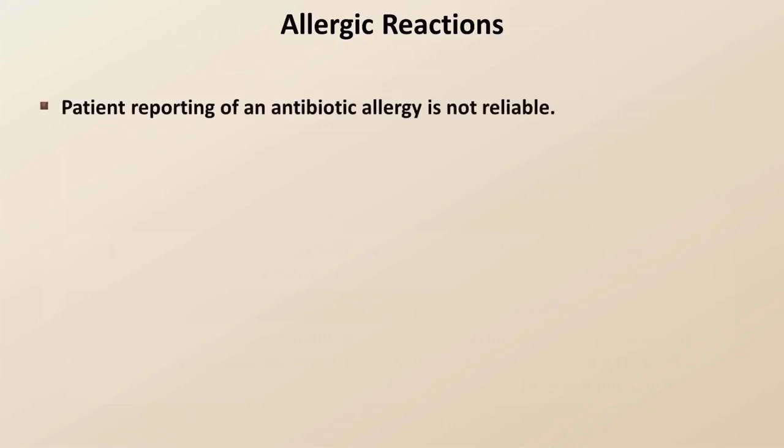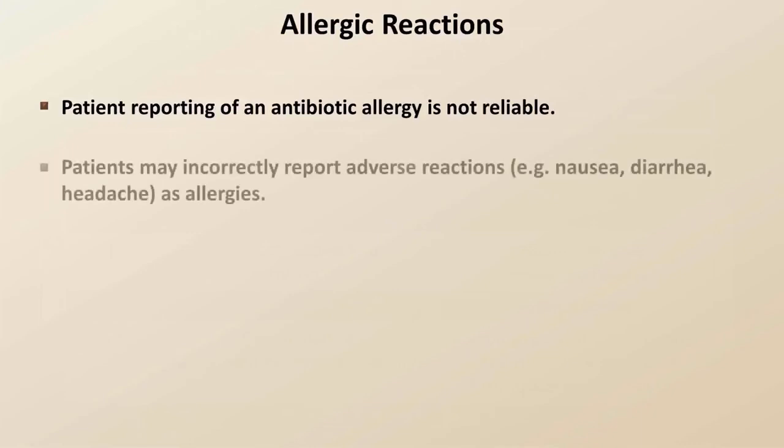Here are some important points about patient reporting of a prior drug allergy. First, reporting of an antibiotic allergy is not reliable. For many patients, the supposed reactions occurred in childhood, and they no longer even recall the actual reaction themselves. In fact, multiple studies consistently have found that only 10 to 15% of patients who self-report a history of penicillin allergy are actually shown to be allergic after undergoing skin testing.